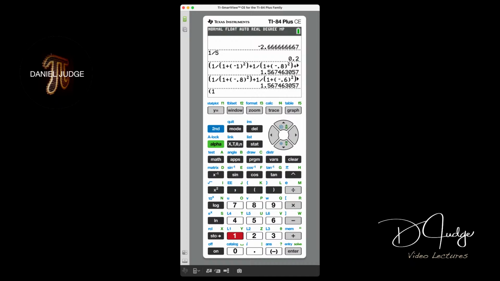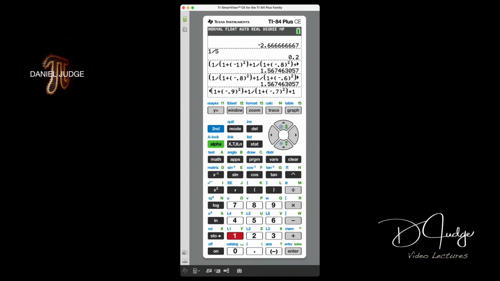Remember, what's the first endpoint? Got to go back to the first endpoint here. 1 divided by 1 plus negative 0.9. Okay. Square this. Close that. Plus 1 divided by 1 plus parentheses negative 0.7. Close that and square it.